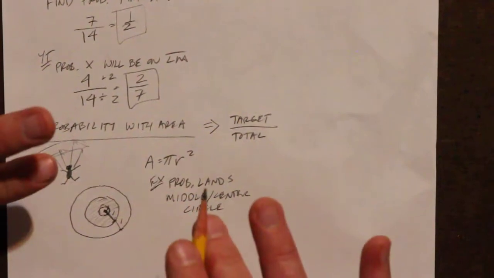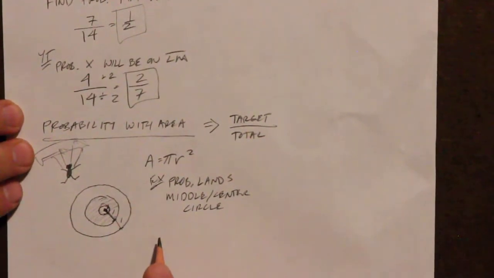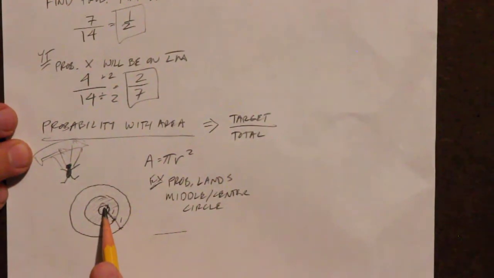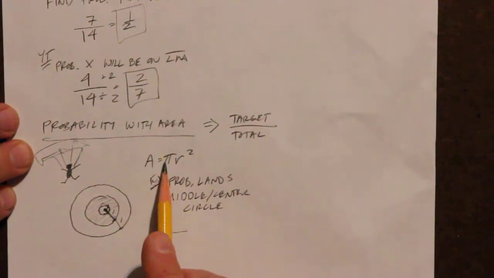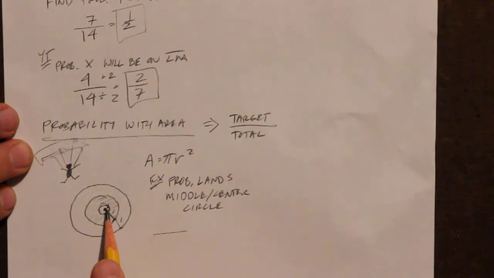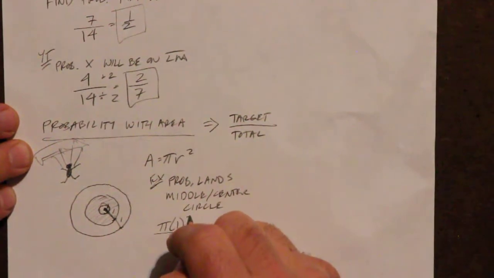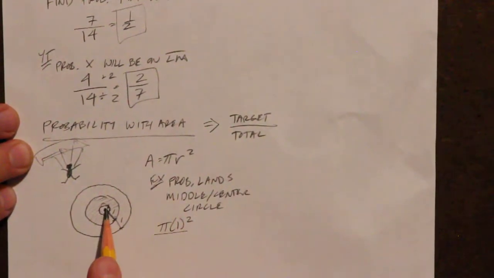Okay, so we need the total, and that'll be on the bottom. And we need the inside here, and that'll be on the top. So the area is pi r squared. The radius of this little guy is 1. So pi 1 squared. That's the target that we're trying to hit.